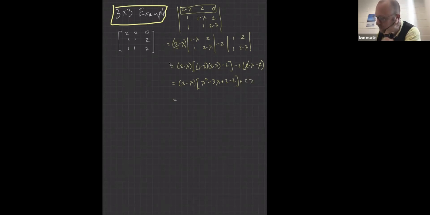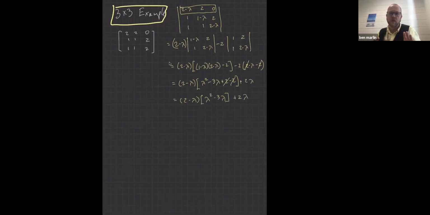Boy, this looks pretty icky, doesn't it? Oh, look, those canceled as well. So now I have 2 minus lambda times lambda squared minus 3 lambda, and then plus 2 lambda.